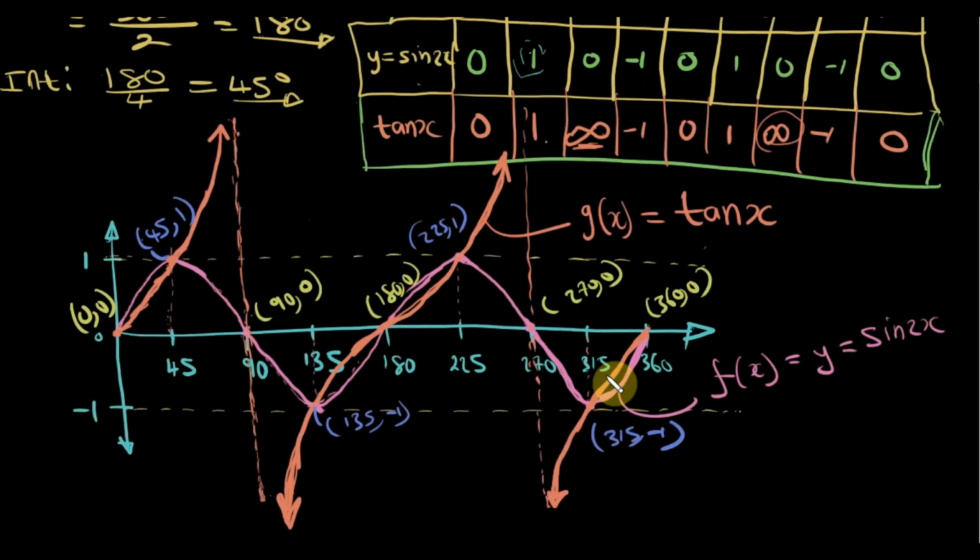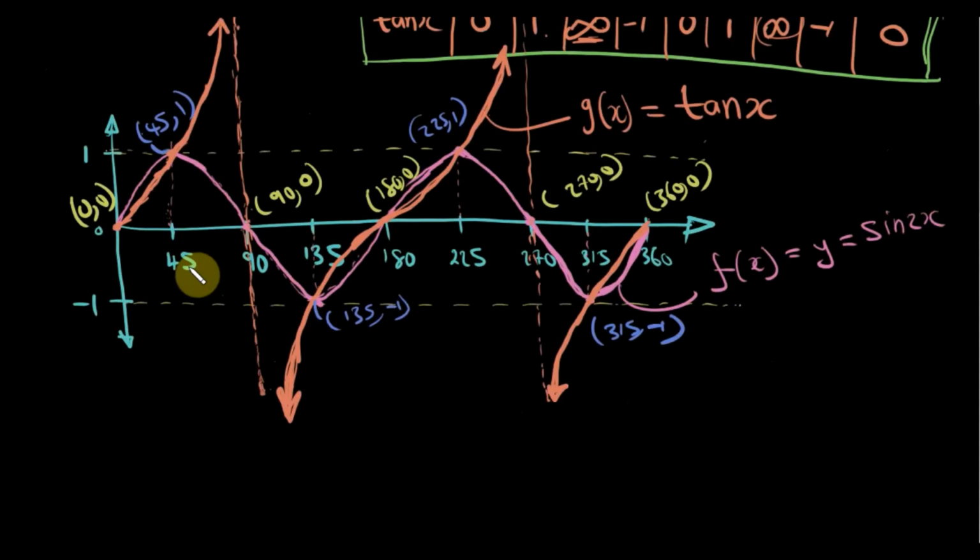Looking at the graph, we can see that, let's call this point, at this point, and this one, and this one, and that point over there, that one over there, this one over there.